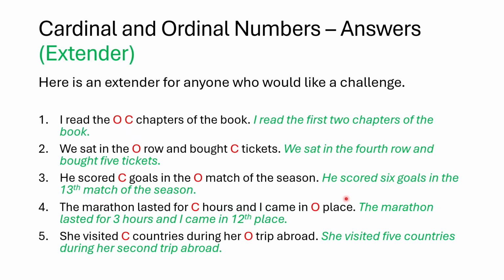For example, the marathon lasted for 3 hours and I came in 12th place. 5. She visited cardinal countries during her ordinal trip abroad. For example, she visited 5 countries during her 2nd trip abroad.